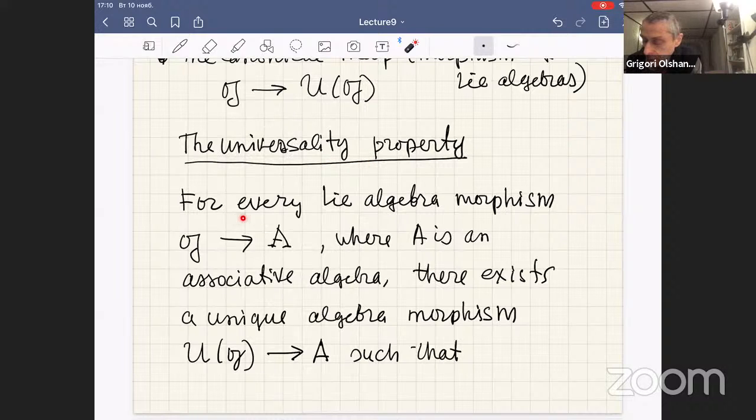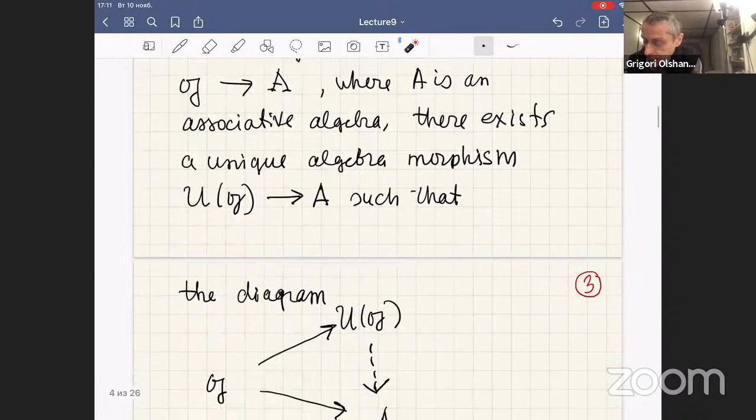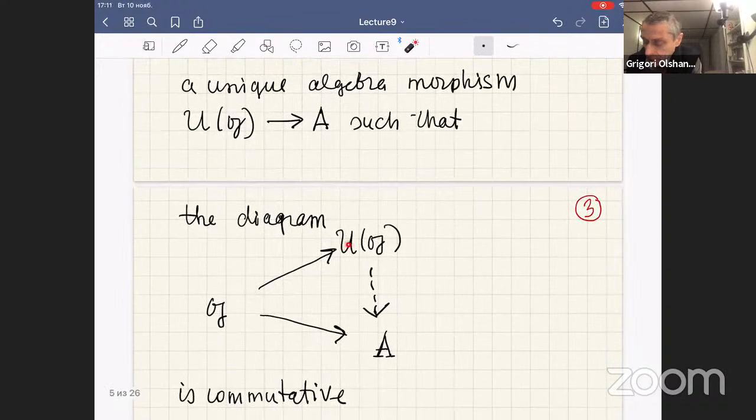Given an arbitrary Lie algebra morphism from our algebra G to some associative algebra A, there exists a unique algebra morphism from this object to this one, such that this diagram is commutative.